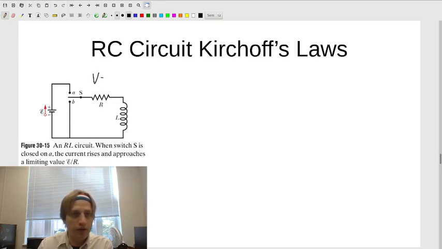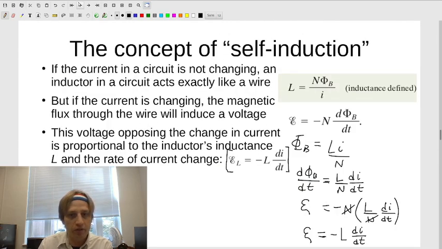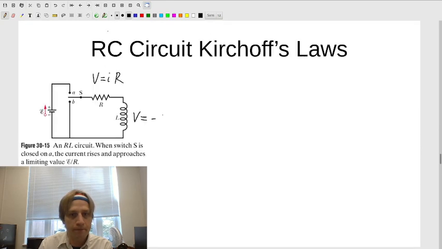We've got our V equals IR, and I'm going to write it in a little bit of a weird way here, but we also have our V equals minus L di dt. And really, if you were going to be consistent about the minuses, we'd put a minus here as well, because that voltage opposes the direction of the applied voltage, right?